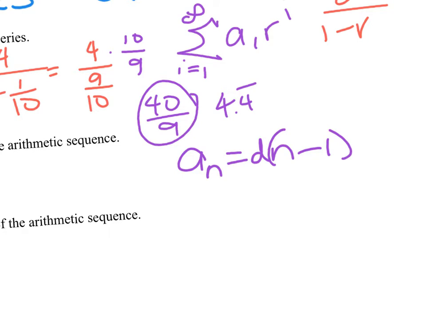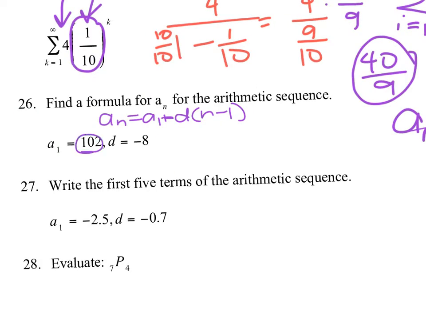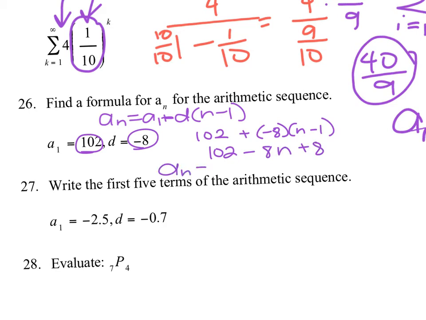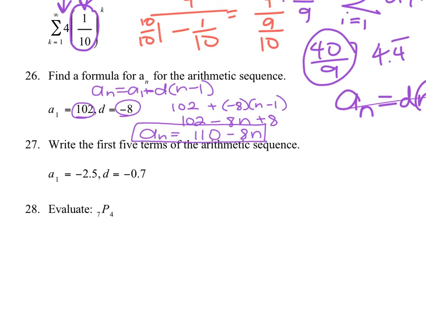Okay, so here's your a sub 1, here's your d. This is 102 plus negative 8 times n minus 1, 102 minus 8n plus 8, and a sub n would be 110 minus 8n. That one's not on there, so you want to make sure you remember that one.